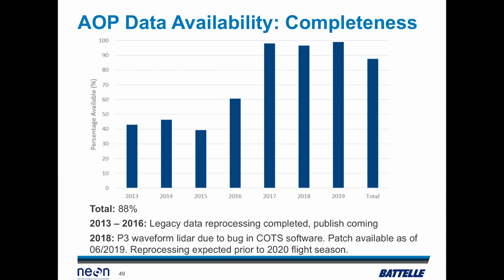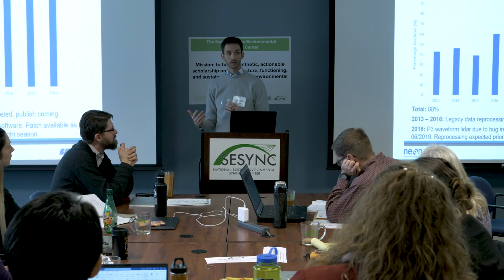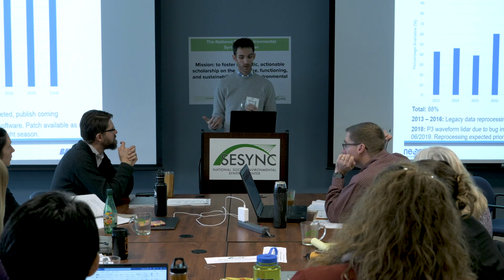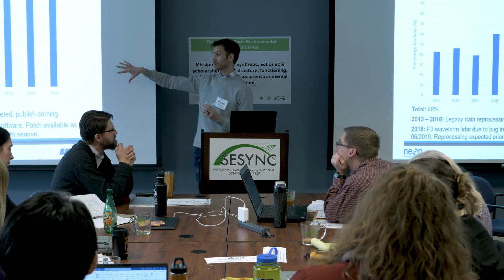Next, I want to give a summary of the availability of the data products, so how much of these data products are available now. Things don't look so good for 2013 through 2016. That is purely a result of us not having all of our algorithms developed for the data back in 2013. We finished most of our algorithm development around the 2017 timeframe.